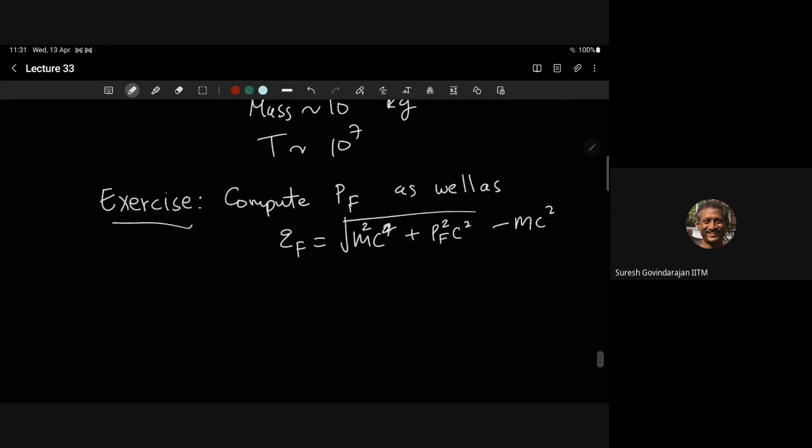But I want to make a claim. I think we computed epsilon_F and got something in MeV, and you can work out what k_B T is. The claim, which should follow, is that k_B T upon epsilon_F is much less than 1. What does this mean?